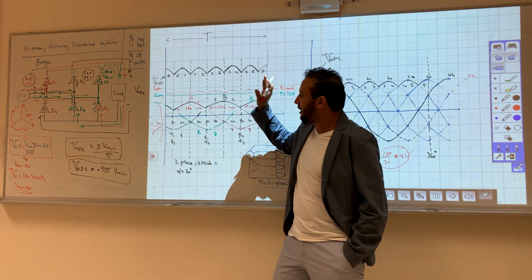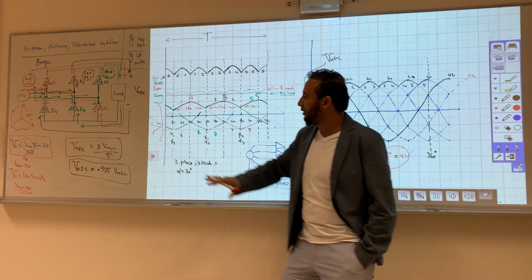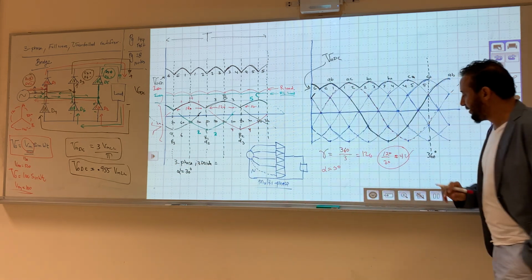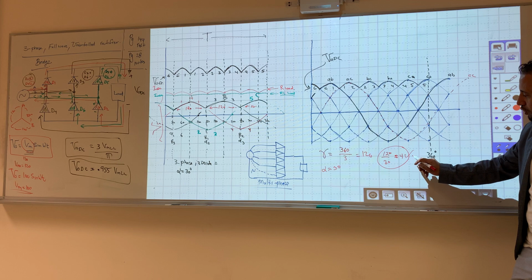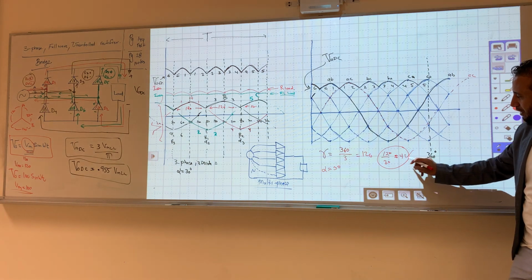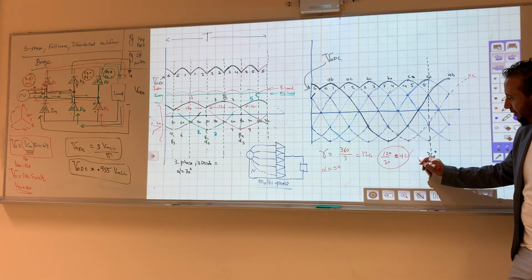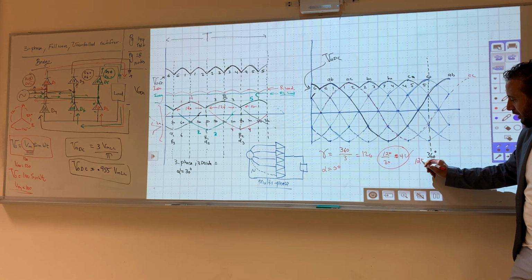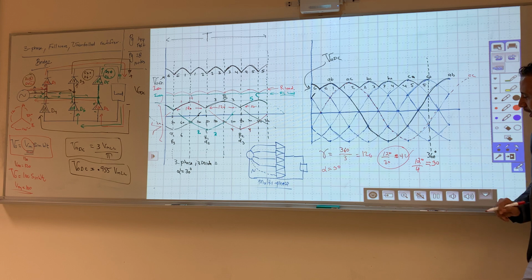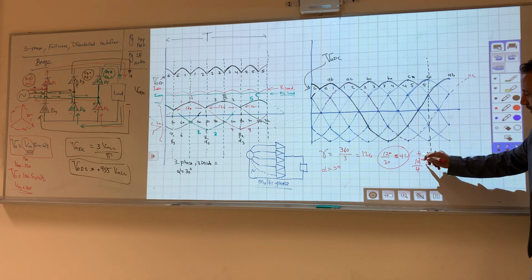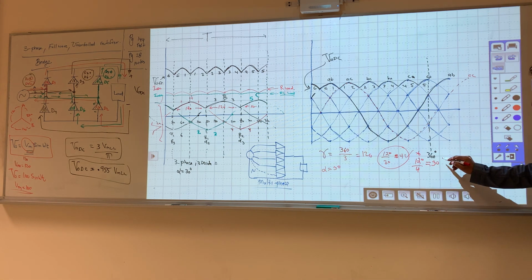I know that the conduction angle is 120, and I know that the alpha is 30. Since I know this, 120 divided by 4 equals 30. This is the conduction angle, which is gamma, and this is the alpha.